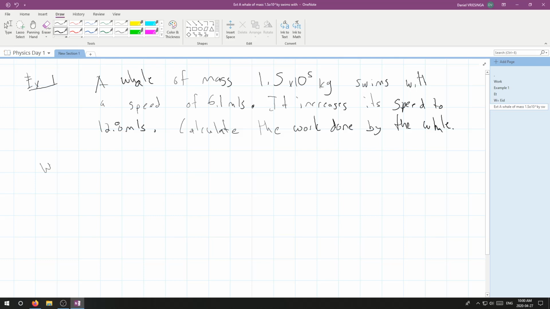Work is equal to joules. Another unit for energy is calories. So you can see that when you're doing work, you're burning calories, you're using up your body's energy, right? When you're giving work to other objects, you're burning that energy.